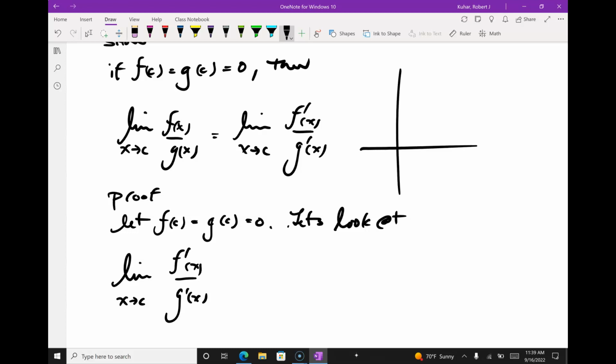Think about it. If this is c and this is x, then I have c, f of c, x, f of x. And then how would I get my tangent slope out of that?